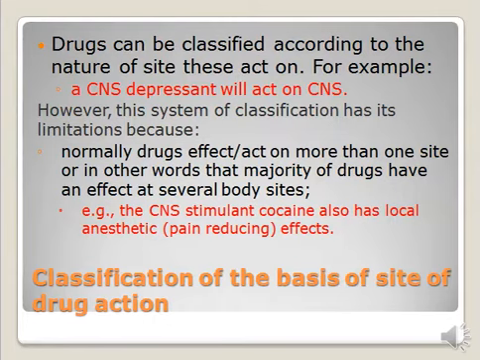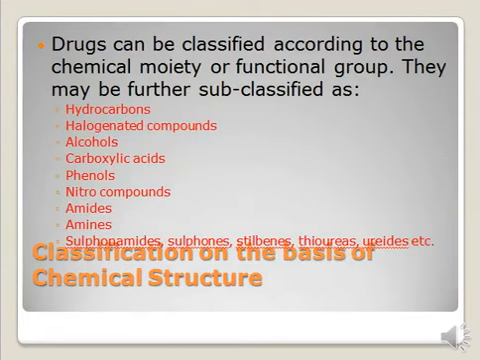So if we classify a drug on the basis of site of action, we cannot be specific, because if a drug is a stimulant of the central nervous system, it is also acting on some local area as well. So it becomes very confusing whether we have to classify it as a CNS stimulant or as a local anesthetic, right? So this classification on the basis of site of action is not of much use and it's not normally preferred.